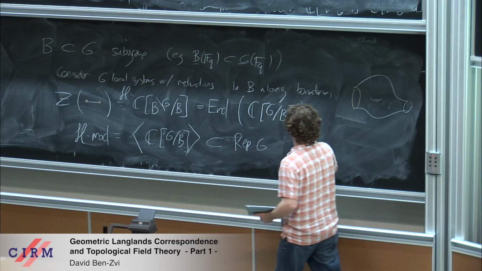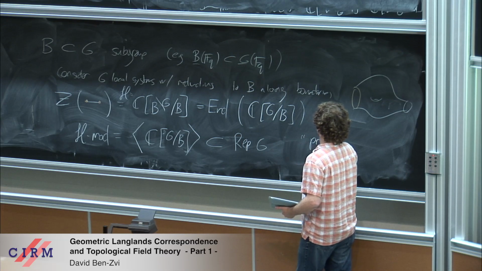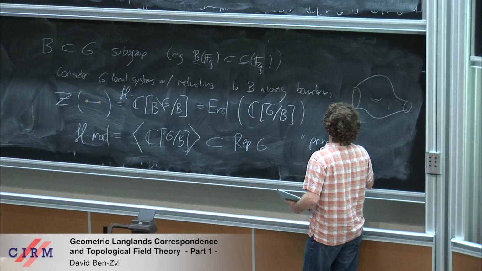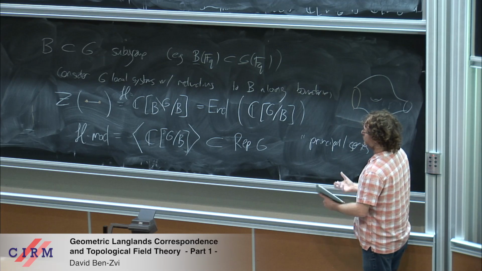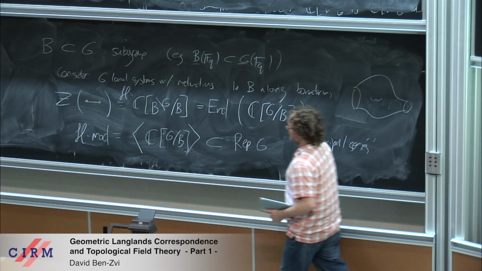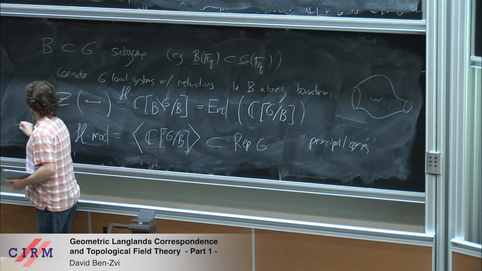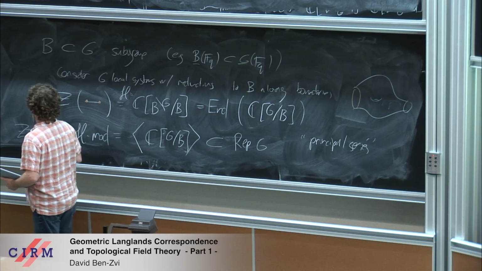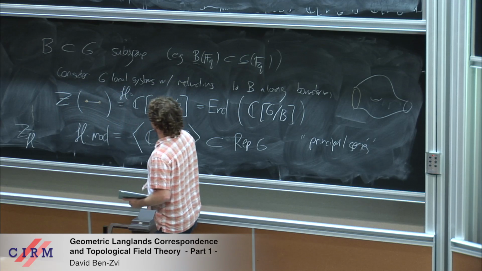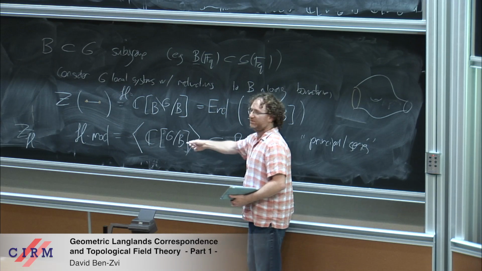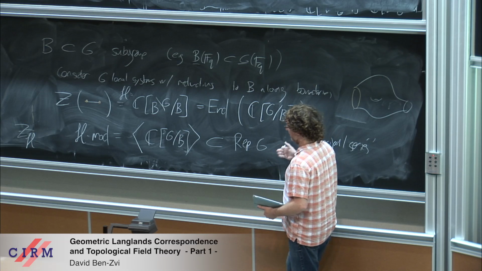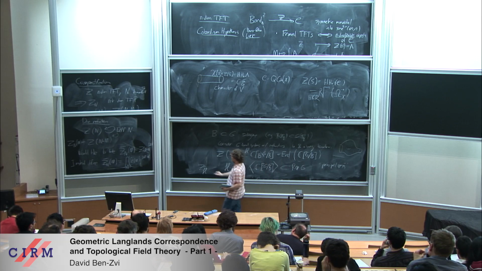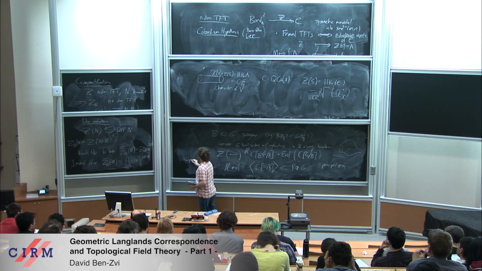This is what you might call something like a unipotent principal series. What I want to say is that if you give a boundary condition, you can try to define a new field theory, where you define a new field theory by replacing your original algebra or your original category by a full subcategory. So it's a piece of the theory seen by this boundary condition. This is what in physics you would call a superselection sector.